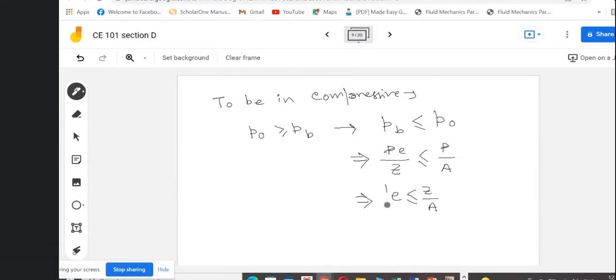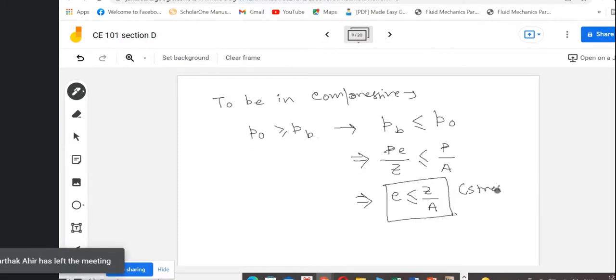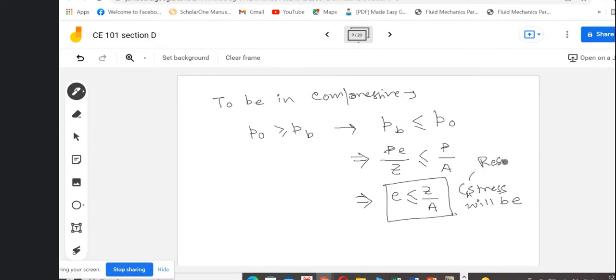So this is the condition for which the entire stress, or I should say the resultant stress, will be in the compressive zone. Resultant means the resultant of direct stress and bending stress. So this is the condition on the eccentricity.